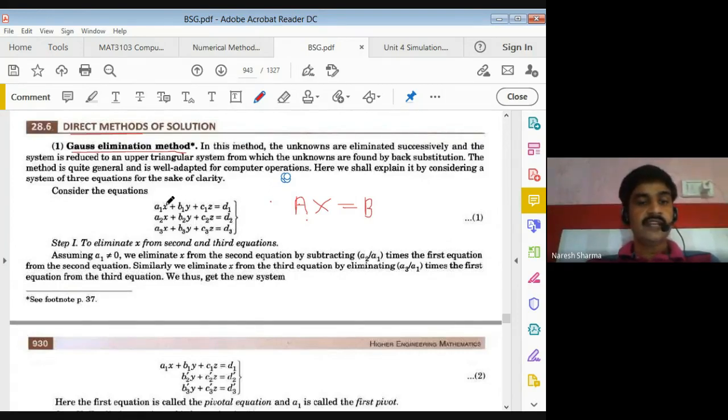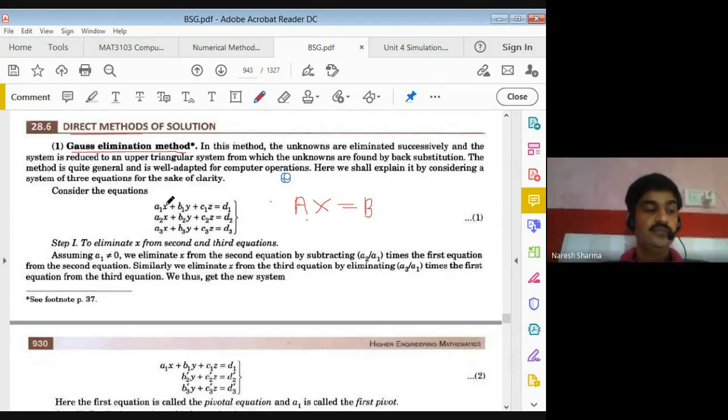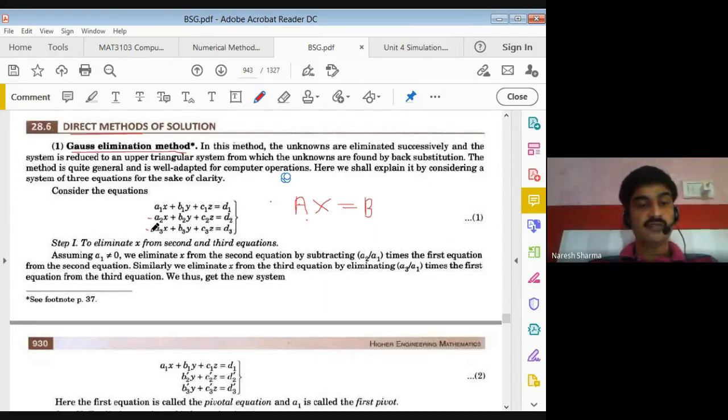Here x, y, z are the unknowns, and all a, b, c are the coefficients of x, y, z respectively, and on the right side d1, d2, d3 are the constants. Now eliminate x from your second equation and third equation. First we try to eliminate x from your second and first equation.